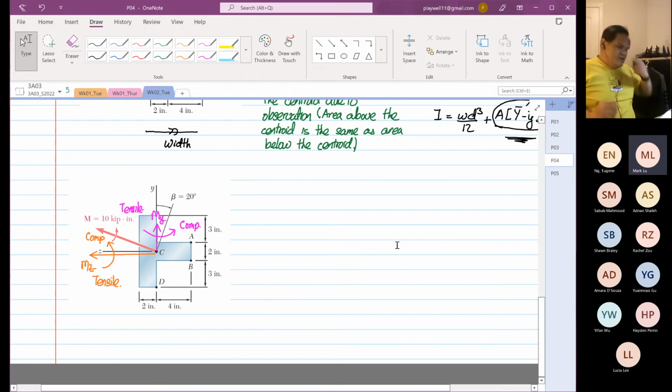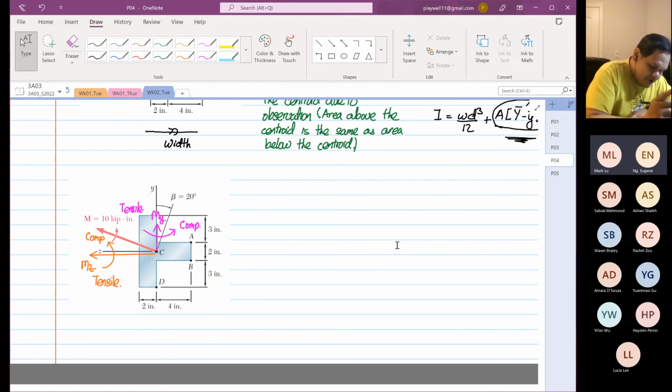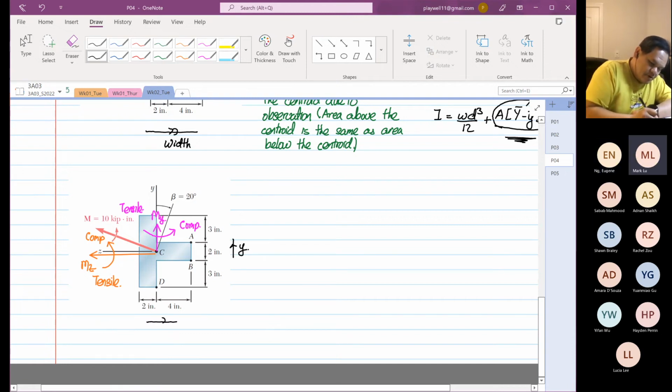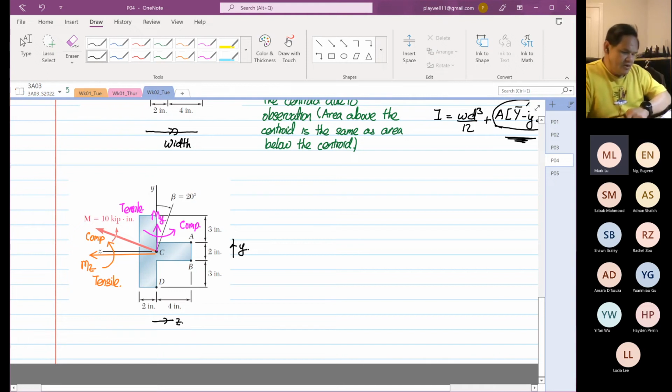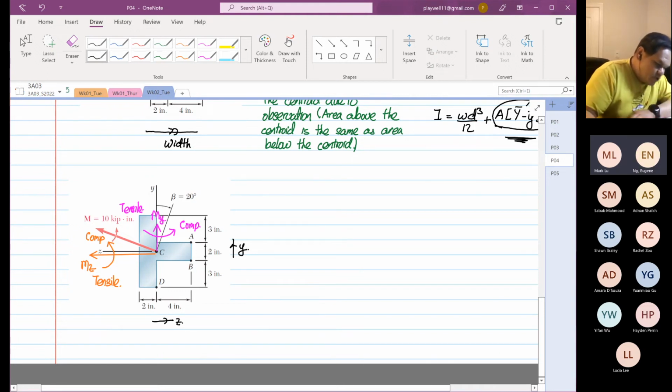Okay. So I want you to get used to doing this. Okay. When you come to calculate the area, I want you to tell yourself that this is the y direction, okay, and the horizontal is the z direction. Okay, the horizontal is the z direction. Right. So this diagram is going to look messy, but it's okay.